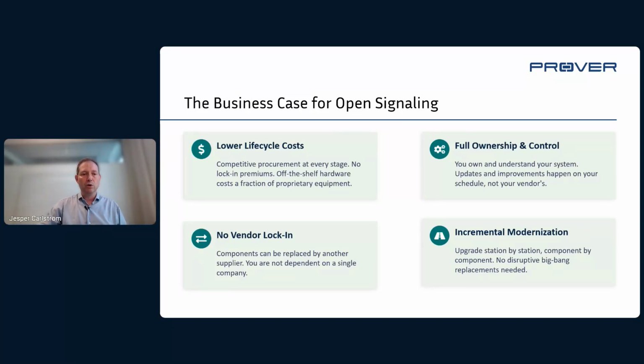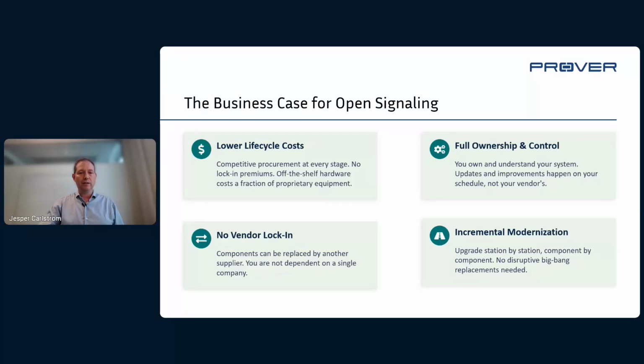So there will be no lock-in. And also off-the-shelf hardware costs a fraction of proprietary equipment, simply because off-the-shelf hardware is used by many. So the development cost is lower for off-the-shelf hardware if you divide it by the number of customers. So it becomes cheaper in the end. That's a life cycle cost aspect.